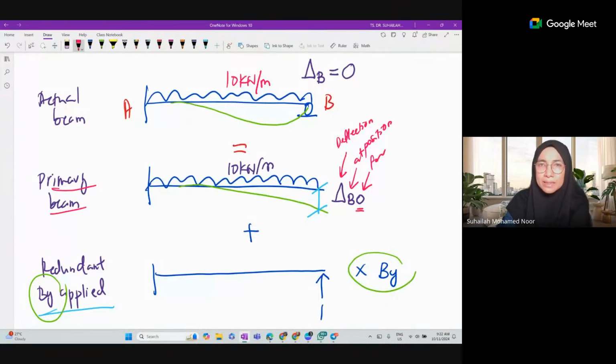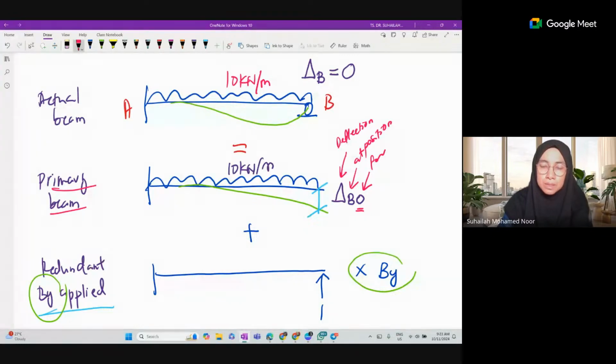So delta B naught means deflection at position B for the primary system. That is how we read this symbol. It is a deflection and we are going to determine this value.